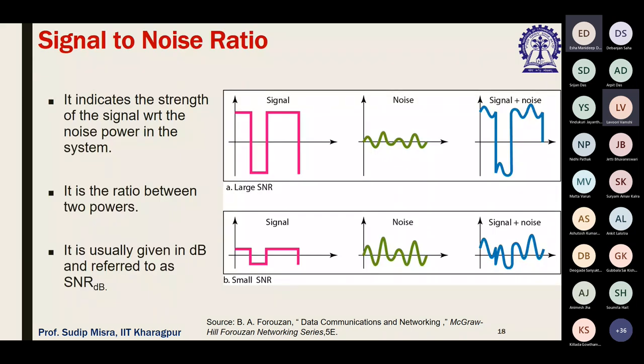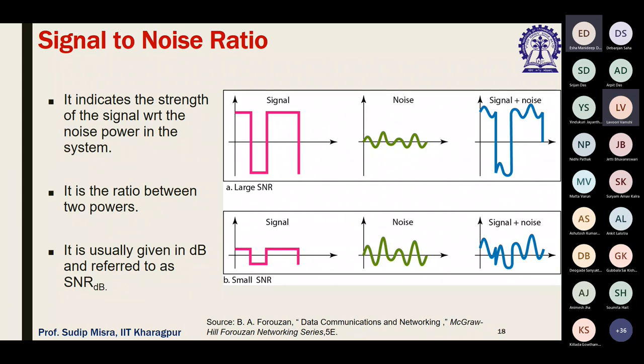Now another terminology that you will encounter quite often is SNR, signal to noise ratio. It's a very important metric that is used to define the quality of the signal, because every signal that goes through a certain medium is vulnerable to getting affected by noise.